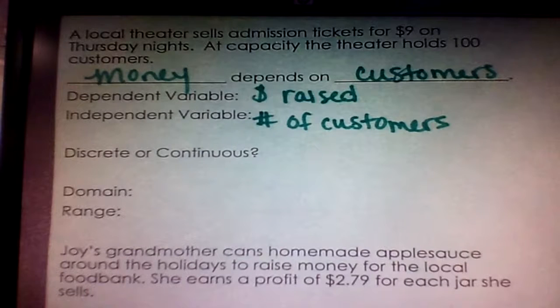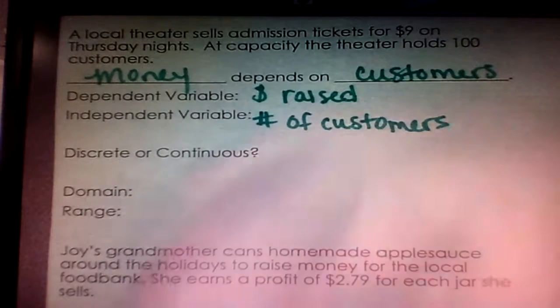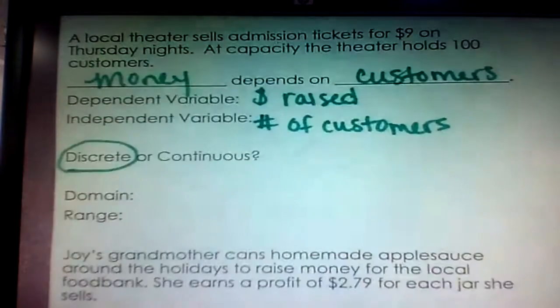Okay. Would you consider this discrete or continuous? Why? Okay. So this is going to be discrete. Think about it. Continuous means it flows, which means I could have 1.3, 1.6. Can I have point something of a person? We're not axe murderers. We're not chopping people up. So this is going to be discrete.